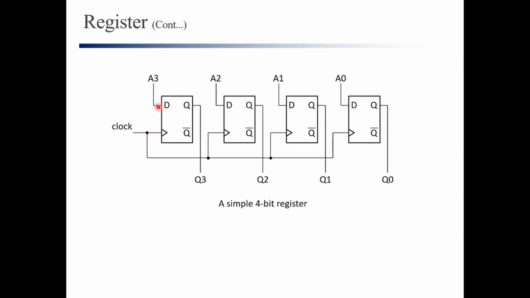And we can see that the input here is just like 1-bit flip-flops, where you have one input to the flip-flop and one output here. So if you have 4-bit, here we name it A3, and this one A2, output Q2, A1, output Q1, A0, output Q0. So now you have a 4-bit register where you can store 4-bit data.